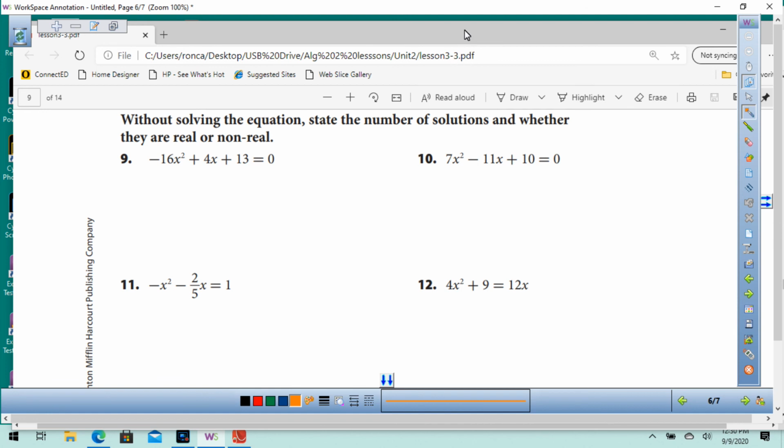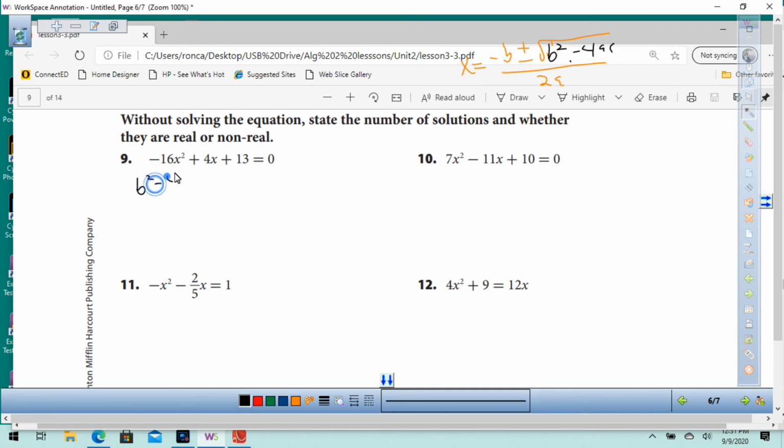Okay, remember you got, what is that thing called? x equals negative b plus or minus the square root of b squared minus 4ac, and all of that is over 2a. Okay.